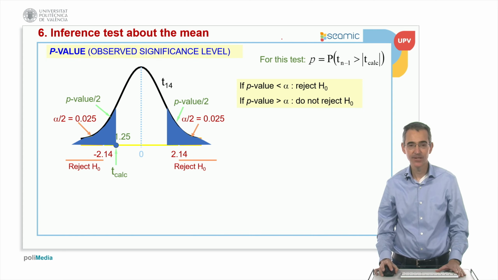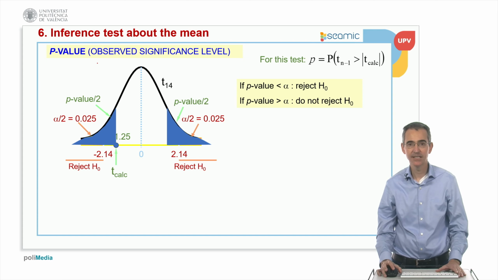It doesn't matter whether it is based on the student t or the chi-square or Fisher's or any other test. This is a general rule: whenever we have the p-value, we have to compare it with alpha, and based on that comparison we determine if we reject or not.